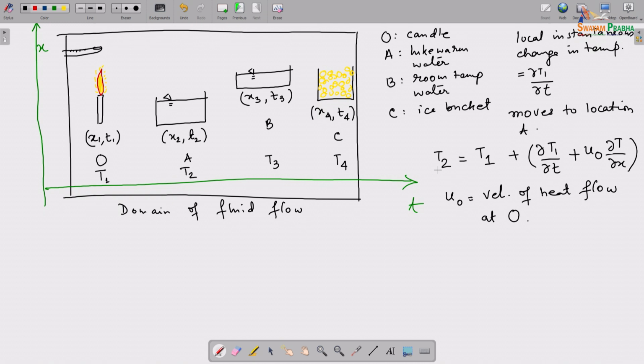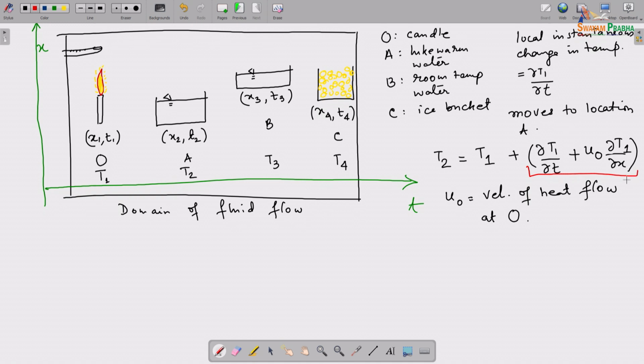Now if you look at this term here, this is essentially nothing but the total derivative of the temperature. So this is T1 again, sorry about that.